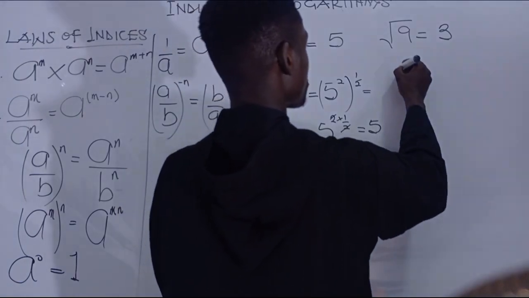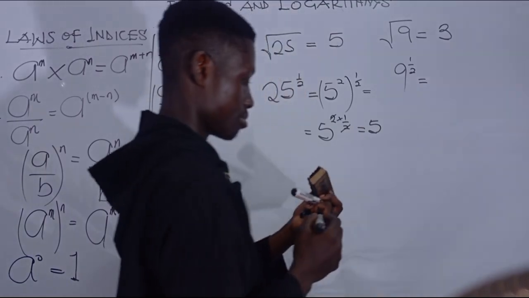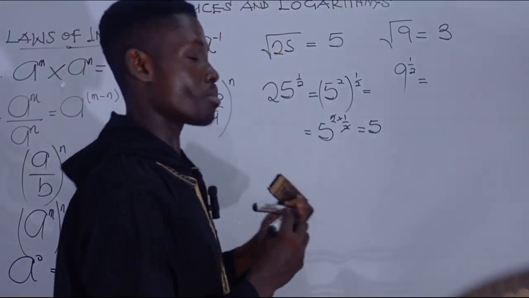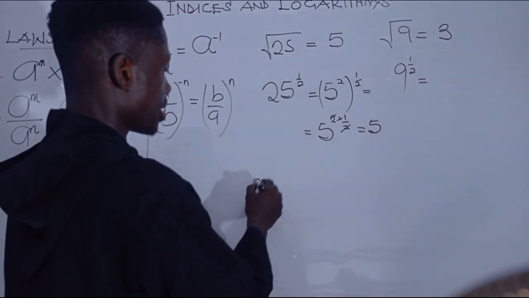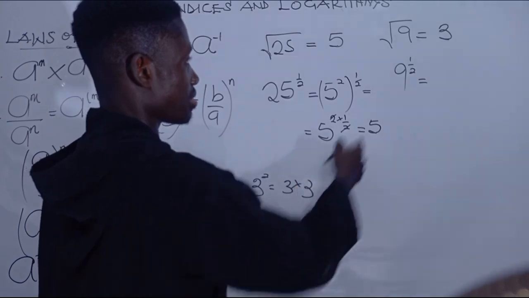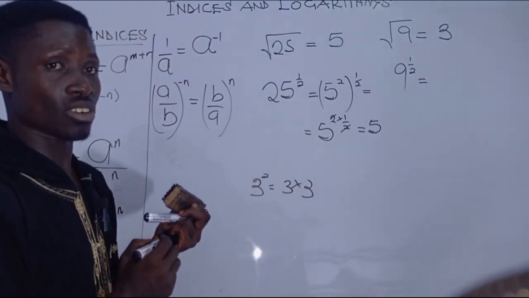Now we have 9 raised to the power half. Now we know that 9 can be written in an index form as 3 raised to the power 2, because 3 times 3 gives us 9.